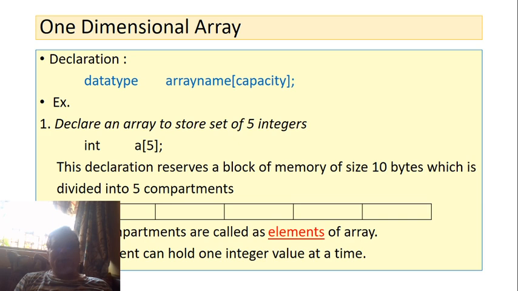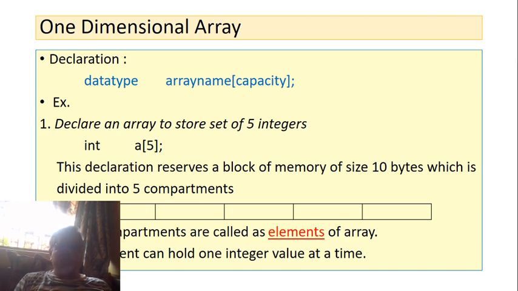The size of array depends upon the capacity and the size of data type used. For example, in our case, the capacity of array is 5 and the data type used is int. So it will be 5 into size of int, that is 5 into 2, so it will be 10 bytes.